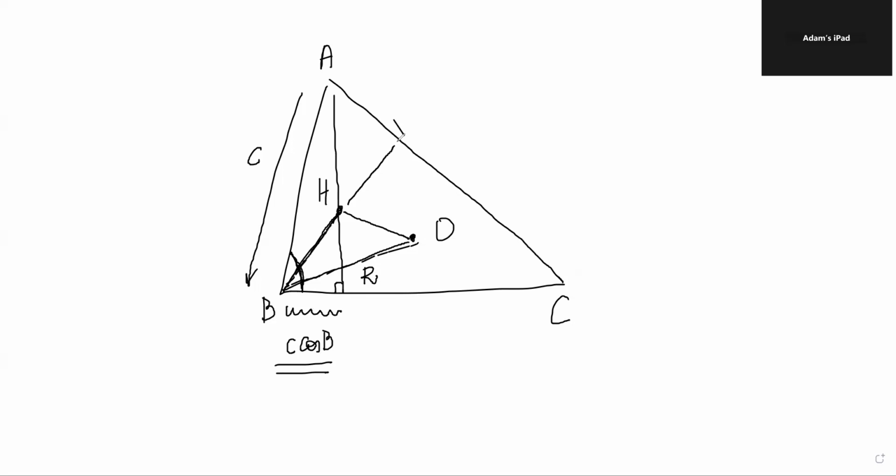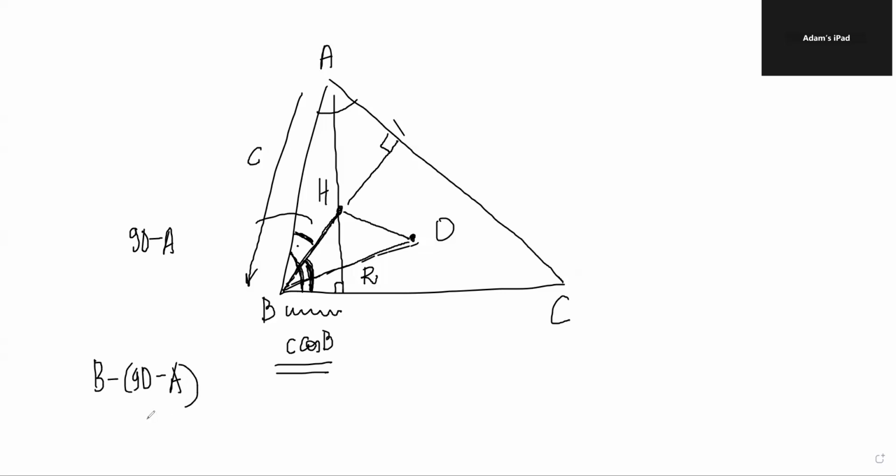If I extend it like this, the angle is A, so this much must be 90 minus A. And if this is 90 minus A, I know this angle is B minus 90 minus A, right?